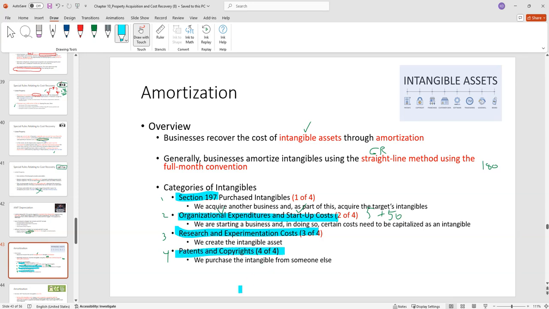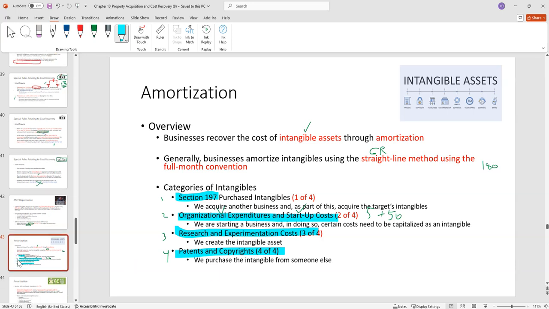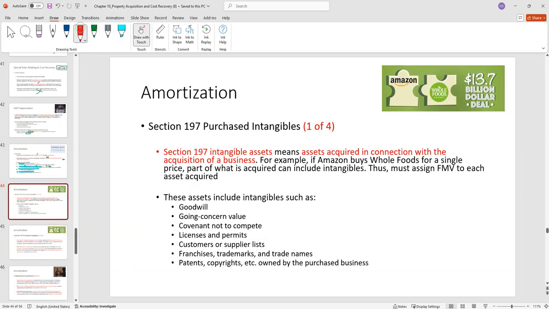And then patents and copyrights whenever we buy those items. Okay, let's take these one at a time. We'll start with Section 197, and in each of these 4 situations we'll see some type of amortization. 197 occurs when one business buys another.